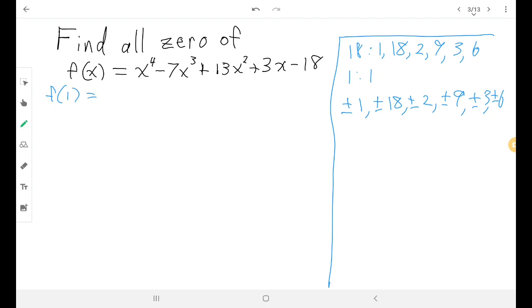Okay? So if I plug in 1, that is to say positive 1, that'll be 1 to the 4th, which is 1, minus 7 times 1, which is 7, plus 13 times 1, which is 13, plus 3 times 1, which is 3, minus 18.